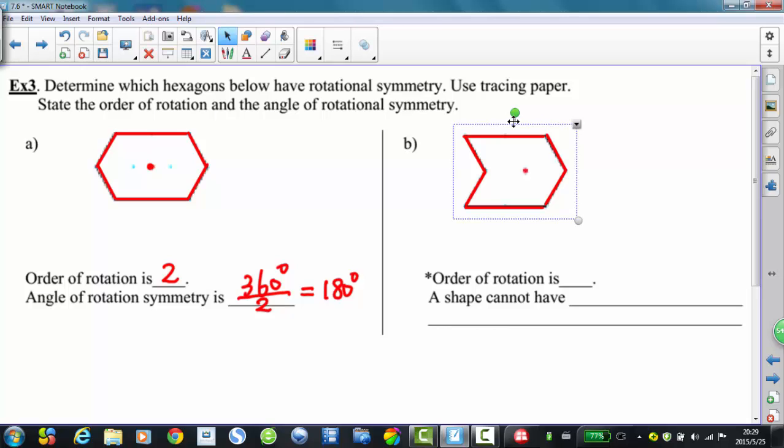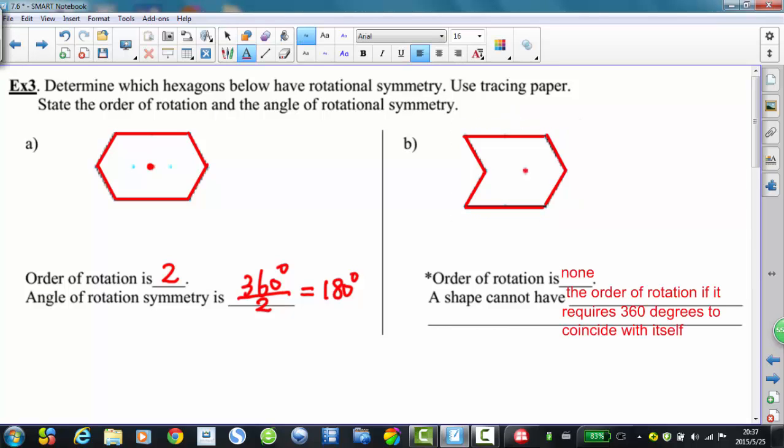So this one can coincide with itself only after one rotation. So we find that the order of rotation for this shape is none. The reason why this shape does not have an order of rotation is because a shape cannot have an order of rotation if it requires 360 degrees to coincide with itself.